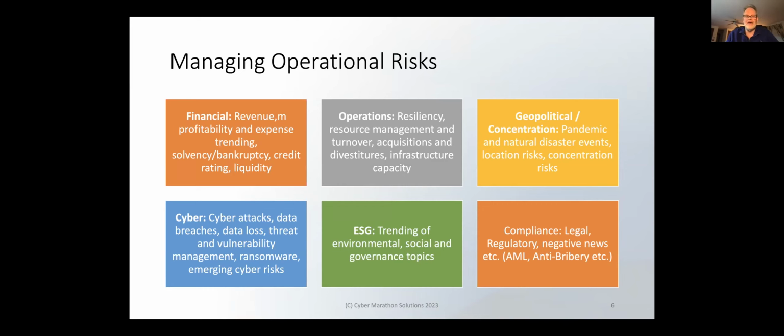Next, we have ESG. Environmental and social topics are becoming more and more important by the day. So the focus on environmental, and I think everybody understands that. Companies need to be conscious that the environmental practices of the third parties they're using are being exercised in a proper and responsible manner.